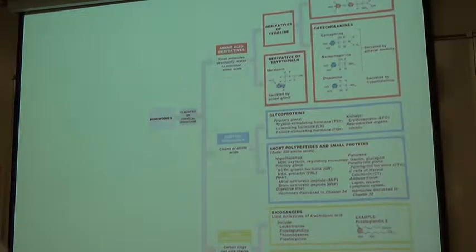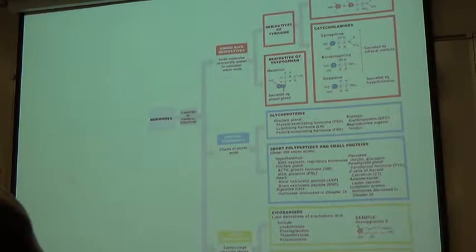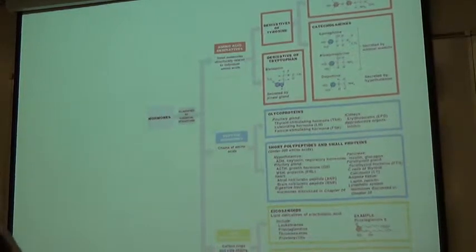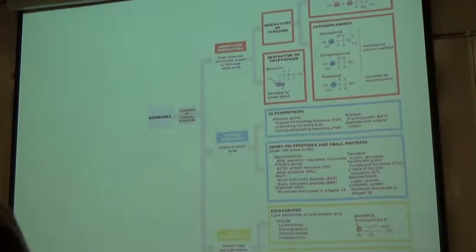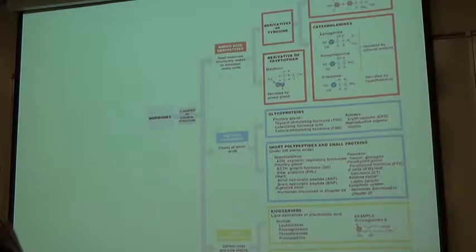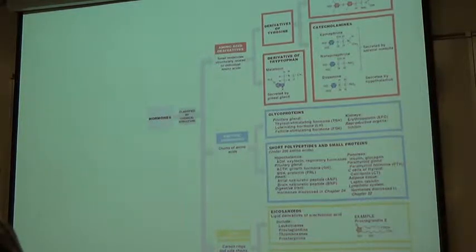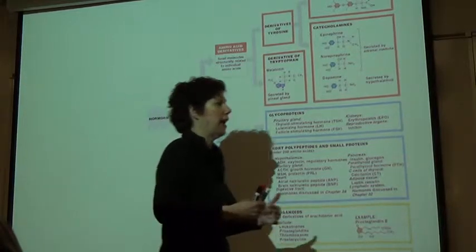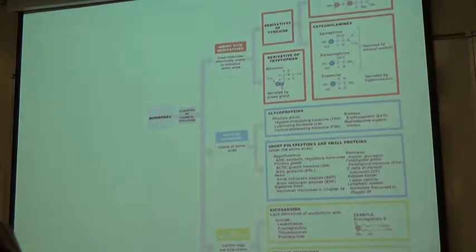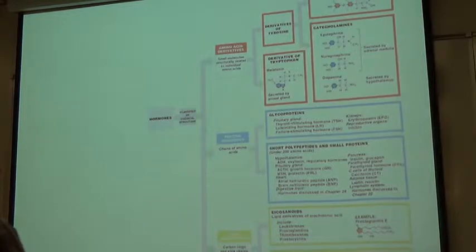Okay, you have this diagram on page 9 of the printed sheet. It's kind of difficult to read the small symbol here, so I have it larger. Hormones are classified or grouped by the type of molecular structure that they have.